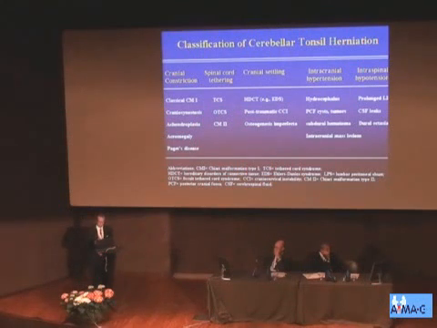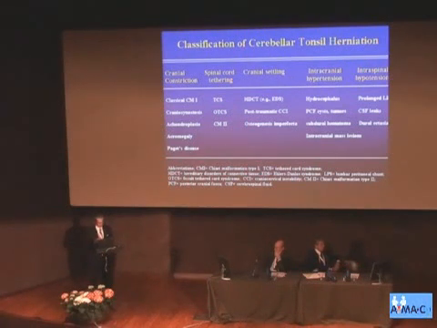Our data are leading us to the conclusion that the one variable, elongation and downward displacement of the brainstem, in association with a totally normal posterior cranial fossa, is suggestive evidence that there is downward traction. And I'll go into that in much more detail this afternoon.